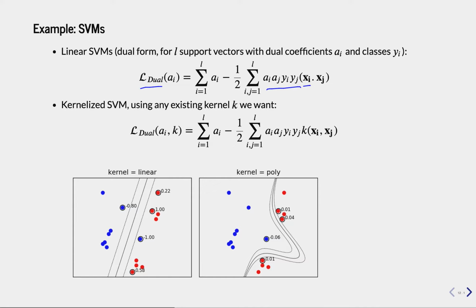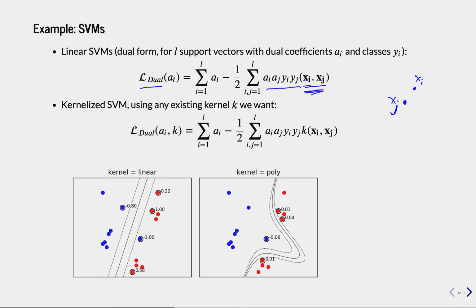Okay, and so intuitively, just to remind you how this works, say that we have 2 points xi and xj. If those 2 points are close together, then the dot product will be high.